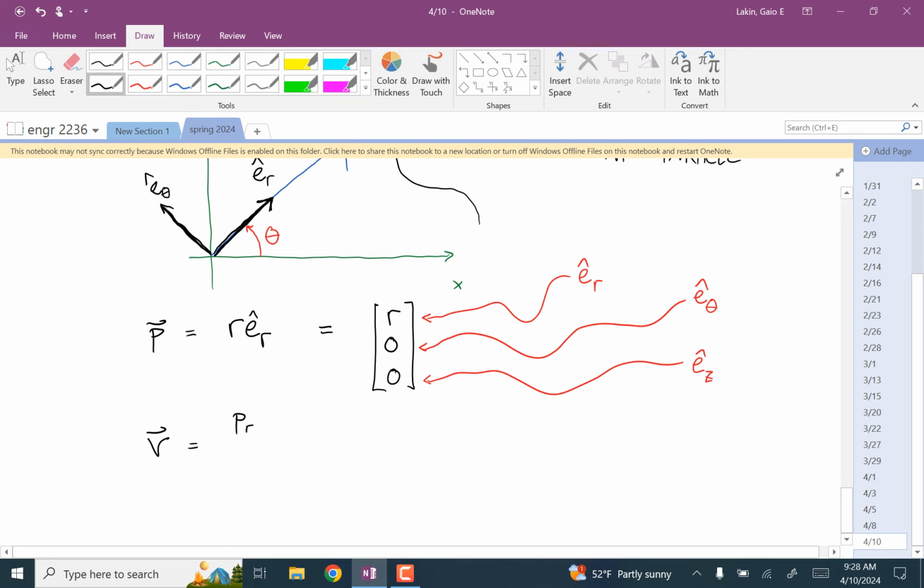Notice my subscripts are going to be different now because we're using this e_r, e_theta, e_z thing. Plus the angular velocity of the coordinate system crossed with the position vector.